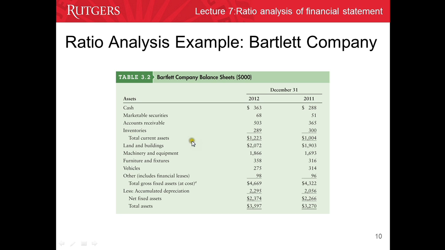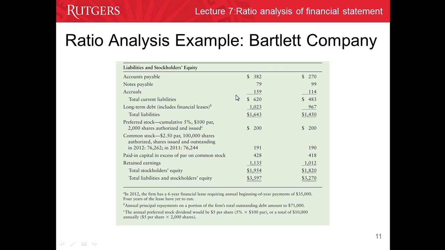We can see that the current assets of Bartlett company are equal to $1,223,000, and the current liabilities, in the next slide, we can see that total current liabilities is equal to $620,000.